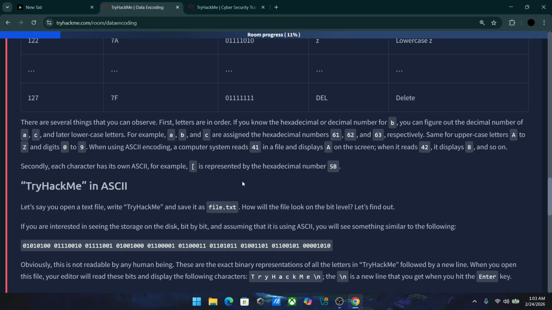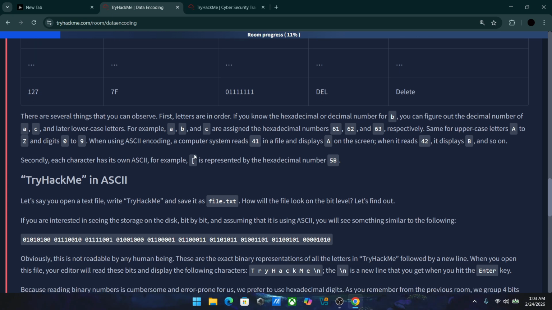Same for the uppercase letters A to Z and 0 to 9. When using ASCII encoding, a computer system reads 41 in a file and displays A on screen. When it reads 42, it displays B, and so on. Secondly, each character has its own ASCII code. For example, a bracket is represented by the hexadecimal number 5B.